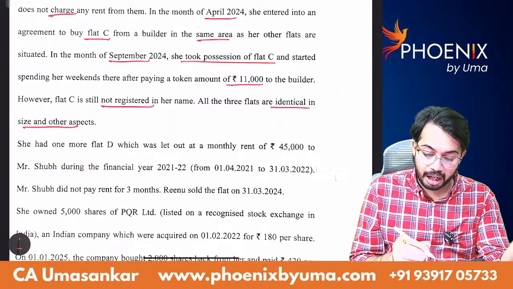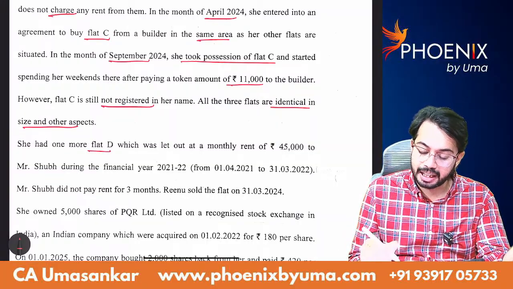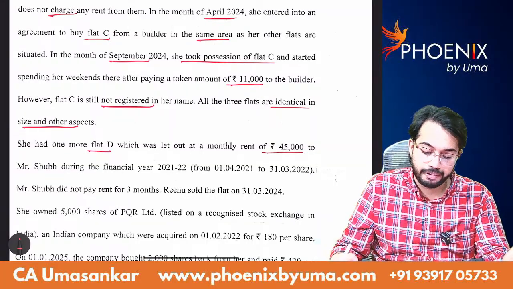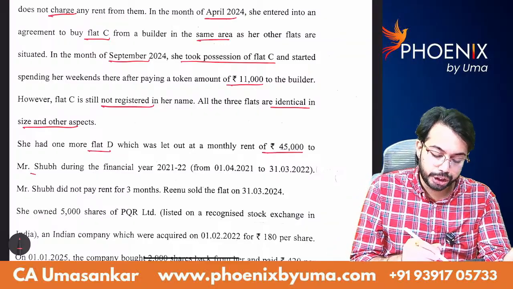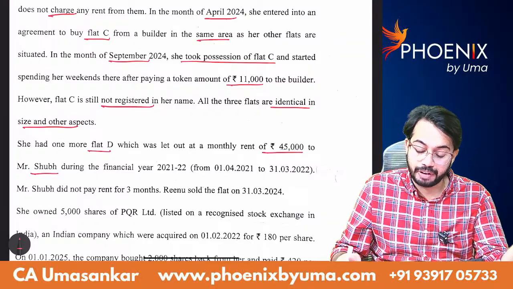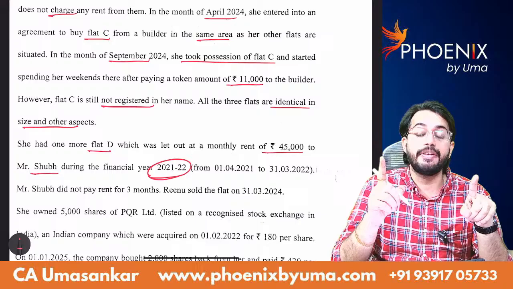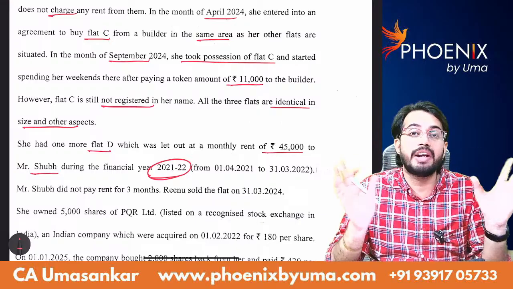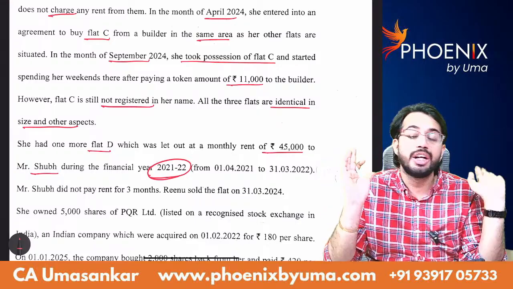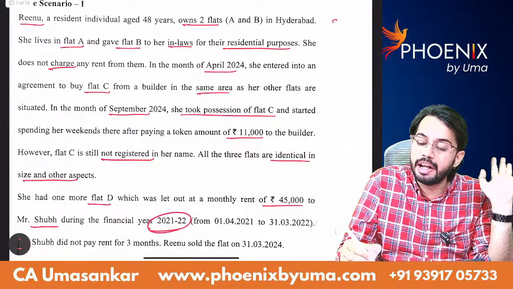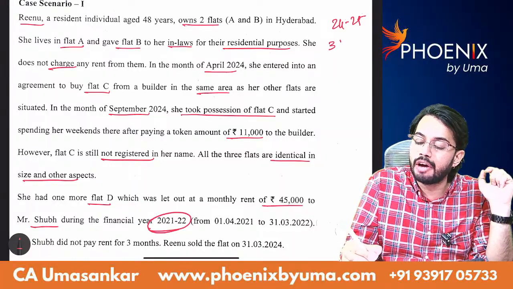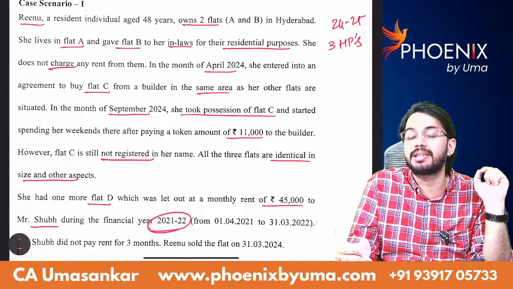She had one more flat D which was let out at a monthly rent of 45,000 to Mr. Shub during financial year 21-22. Don't get confused. It is not let in 24-25, it was let in 21-22. So in 24-25, she is owner of only 3 house properties.